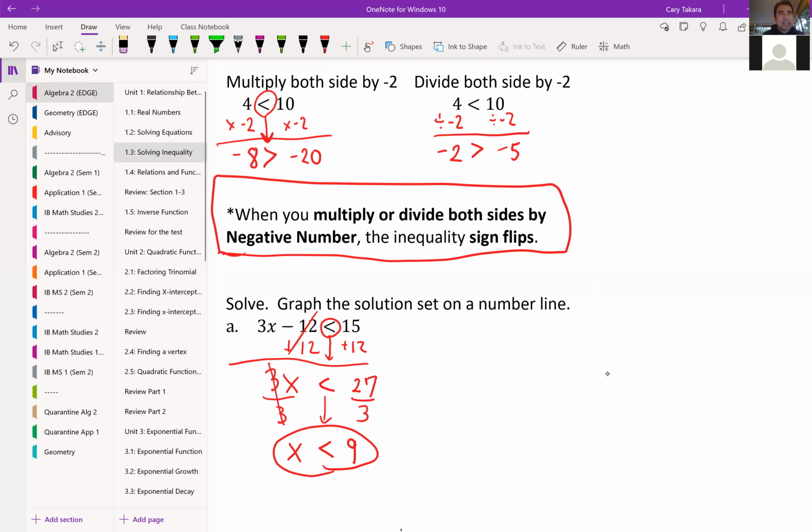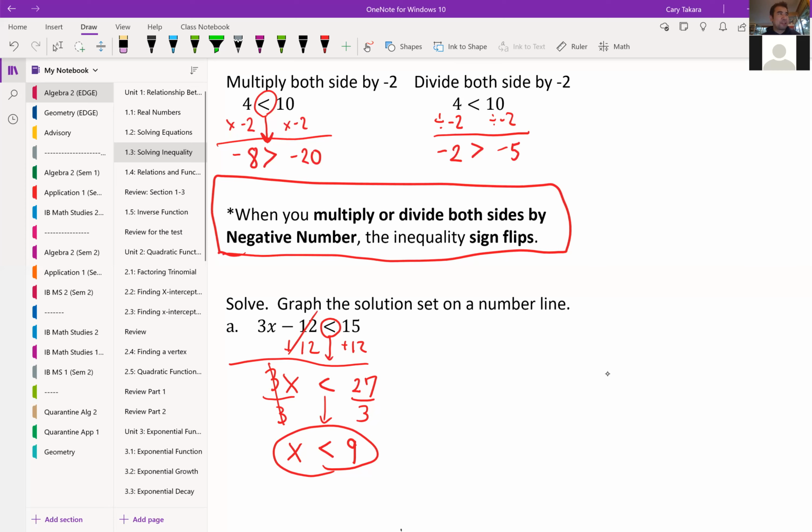But when you say x is less than 9, what does that mean? Think of it this way: think of a number that is less than 9. 8.99999, that's one number. What else?